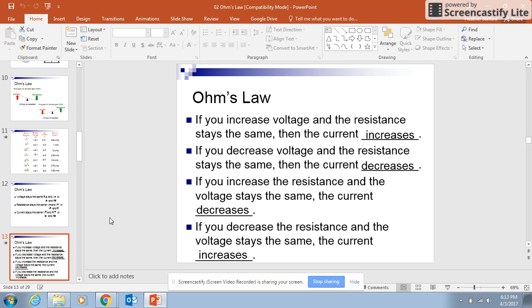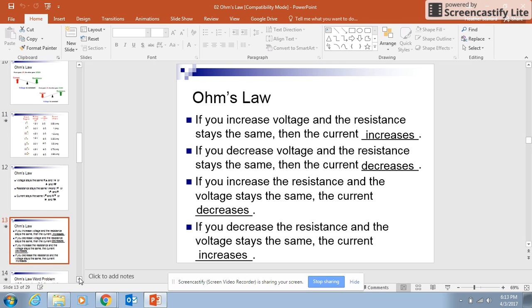If you increase the resistance and the voltage stays the same, so you've put more things in there to slow it down, then the current should decrease. If you decrease the resistance and the voltage stays the same, so we keep the same amount of batteries but decrease the objects in there, then of course the current should increase and cause a bigger flow.